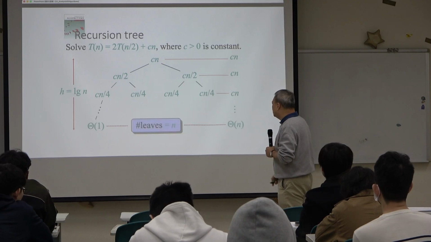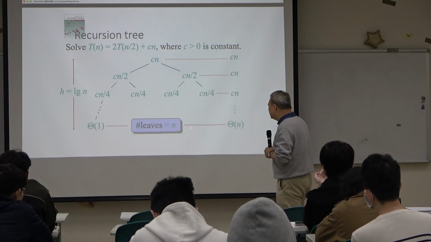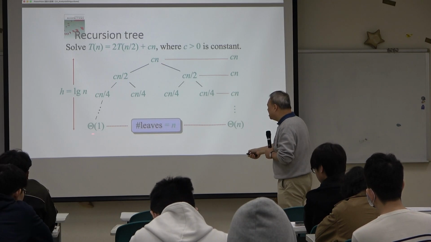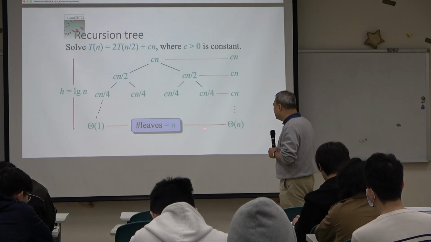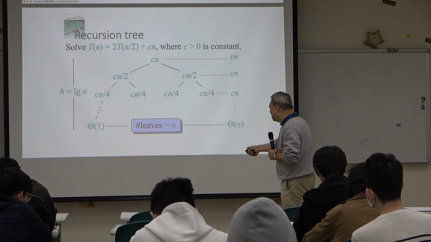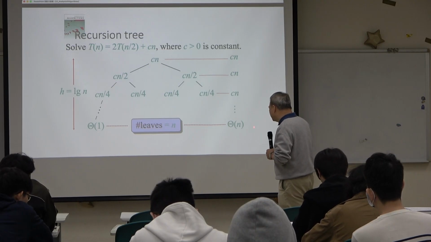So the leaf nodes, you have n leaf nodes. These n leaf nodes give you theta n.